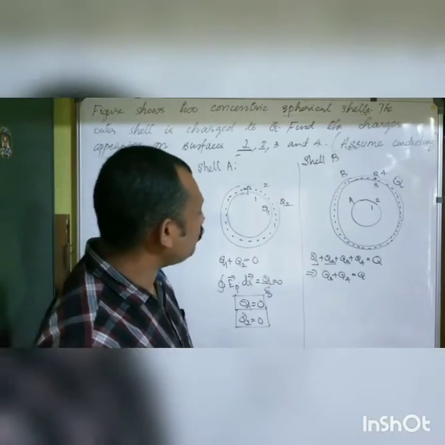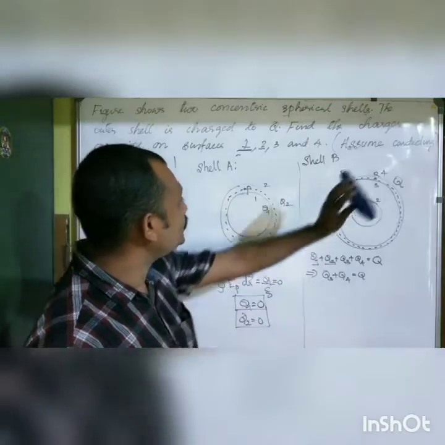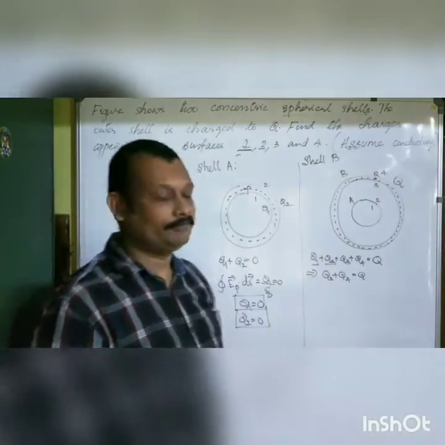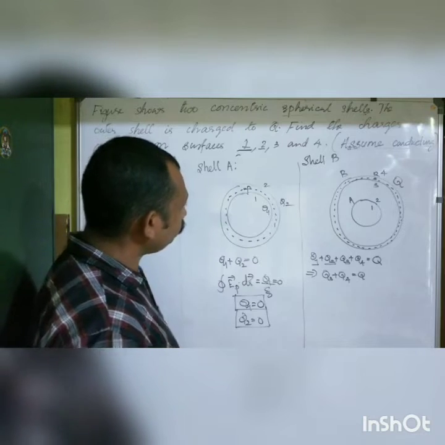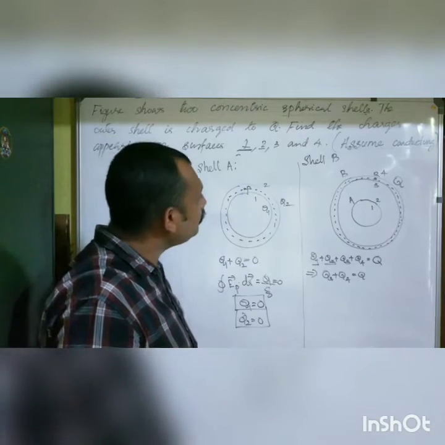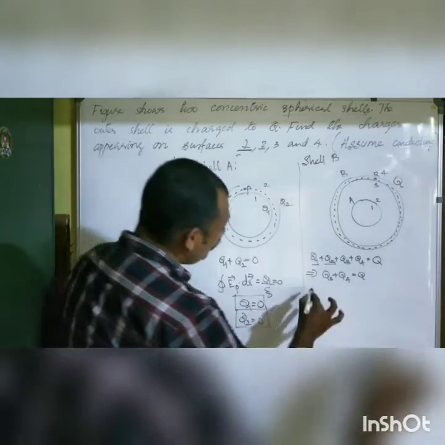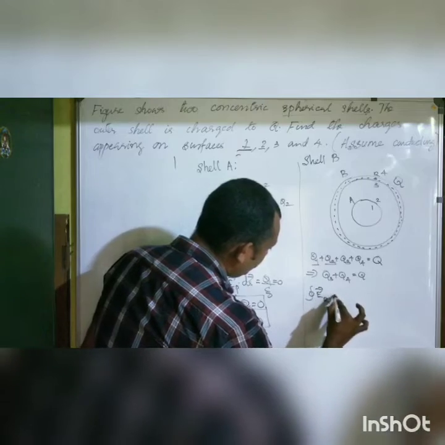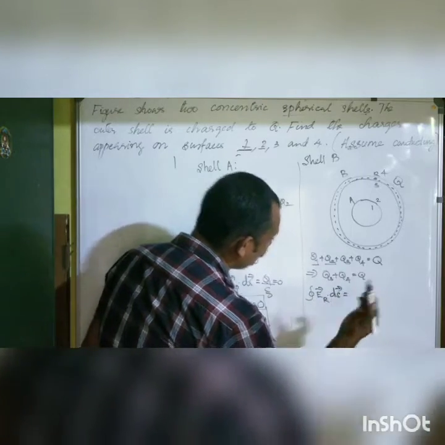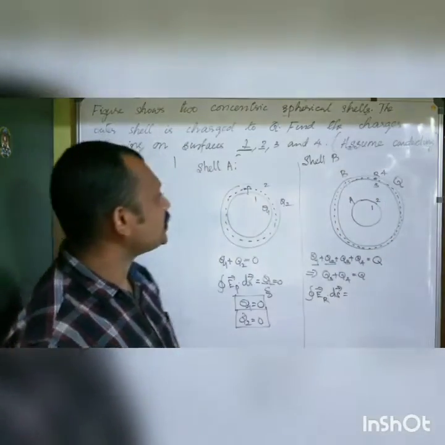Now we need to find out the value of Q3 and Q4. That is charges on surfaces 3 and 4. How to solve it? Very simple. Apply Gauss's law. Closed integral ER dot ds is equal to charges enclosed by the dotted Gaussian surface.